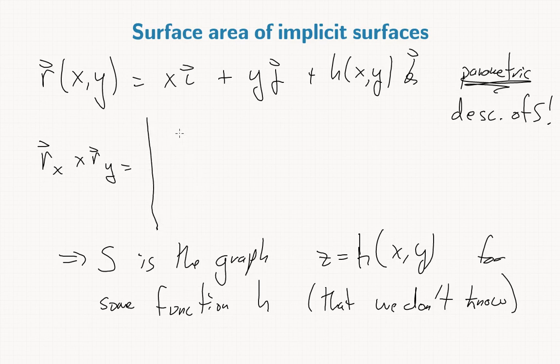this will be a determinant with i, j, k, 1, 0, h sub x, and 0, 1, h sub y.